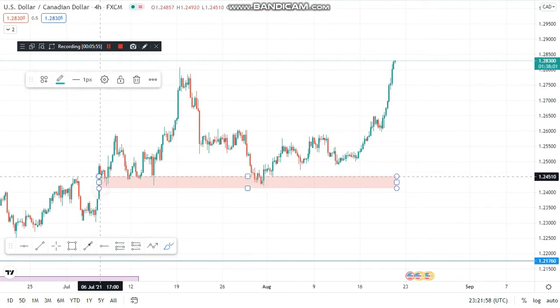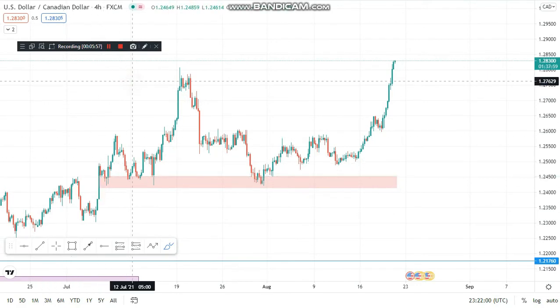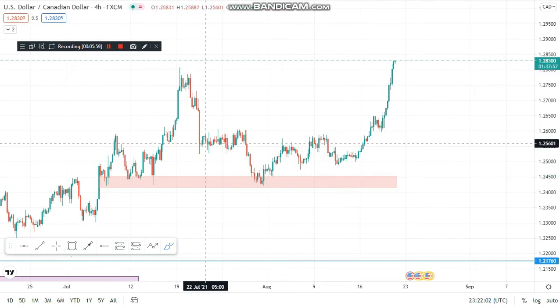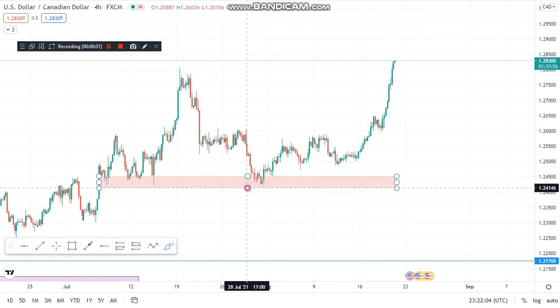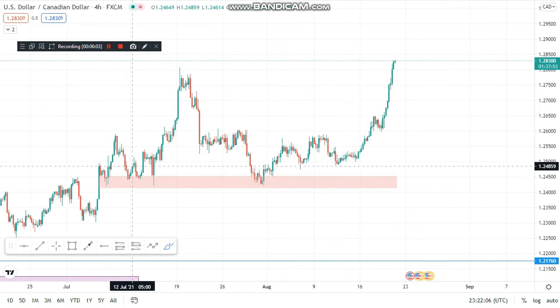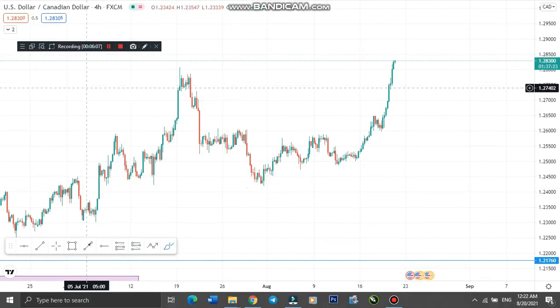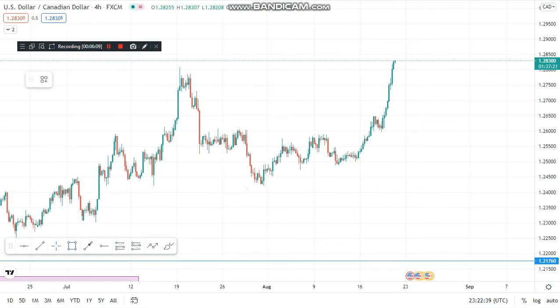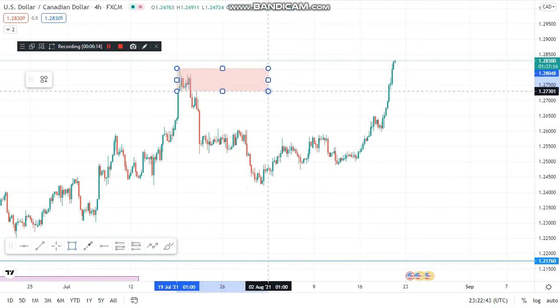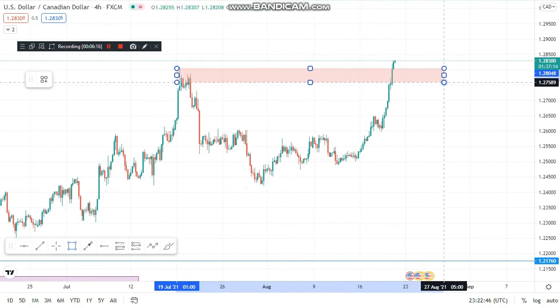I will show you how to take these trades. Probably you should know how to take trades in MetaTrader 4 or MetaTrader 5, but in this trading app the rule is kind of different. So I'll show you that. This is another example. This guy here is the first touch.